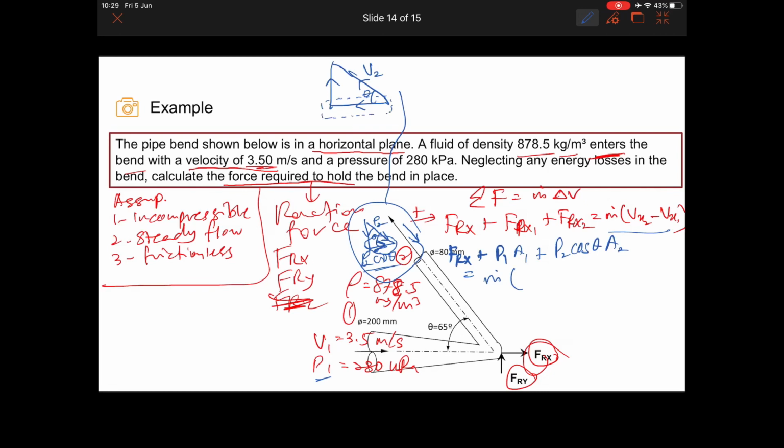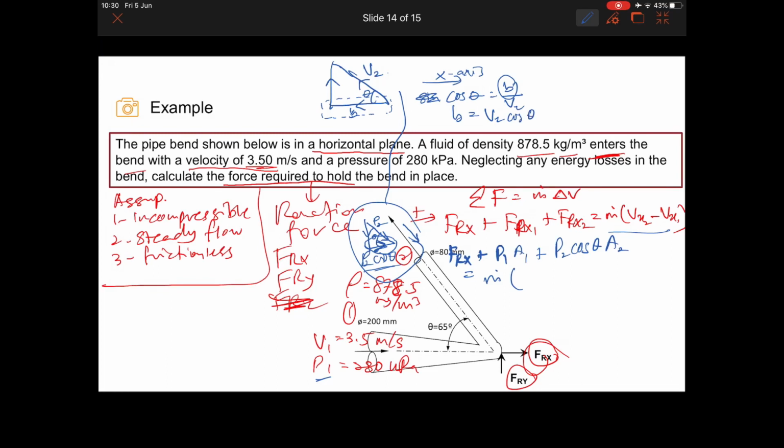Because this is on the x-axis. So you want to have this, you don't want this. So cos theta is equal to this part, the adjacent over V2. V2 is the hypotenuse, right? So you want to have this one, so it equals V2 cos theta.